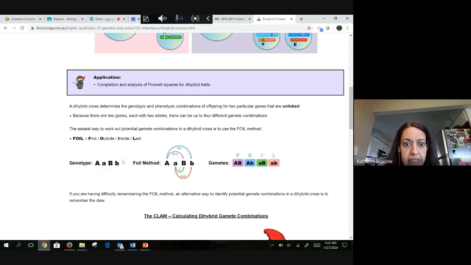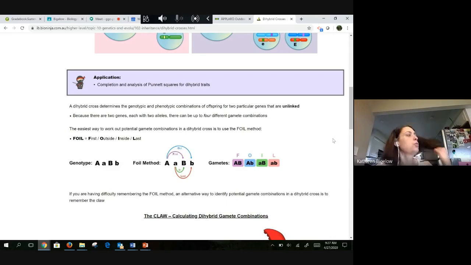So you're basically separating where you have an A and a B for each one, not an A and an A and a B and a B. So you multiply this one with the first, and then you multiply this one with the outer. That gives you AB, AB and AB. Then you do this one in, A to B, which gives you that, and A to B, which gives you this one. Does that make sense?